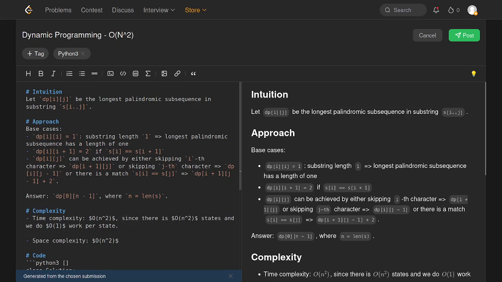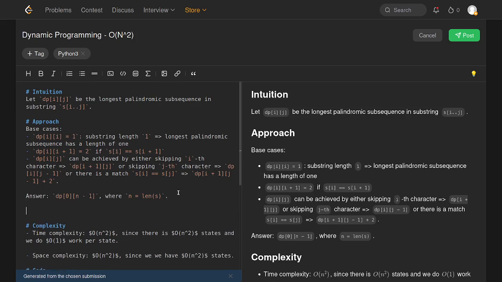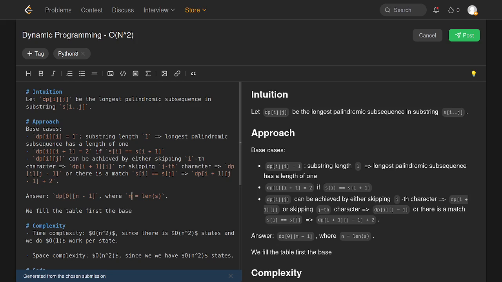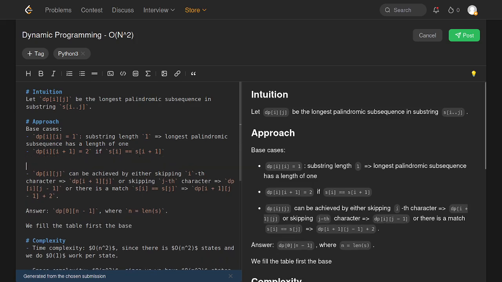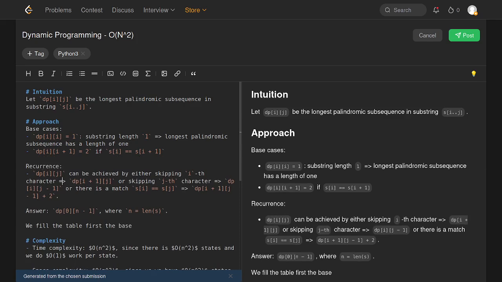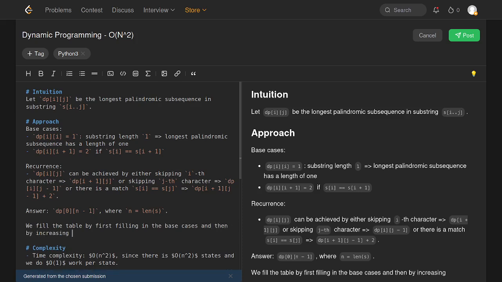We fill the table by first filling in the base cases and then by increasing substring length and starting index.